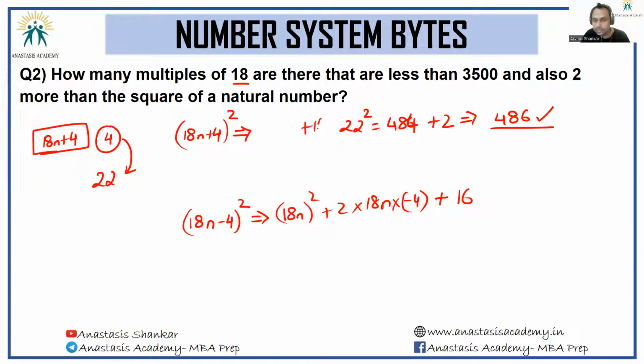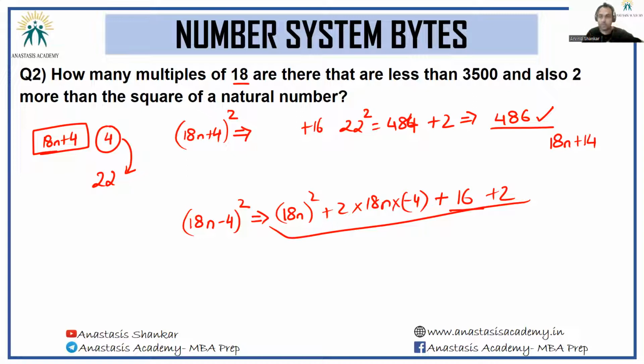You have an extra plus 16 here. If I add 2 to it, yes, this will become a multiple of 18. So it is not just 18n plus 4. The other good variant is 18n plus 14. So all numbers of the variant 18n plus 4 and of the variant 18n plus 14 are wonderful.